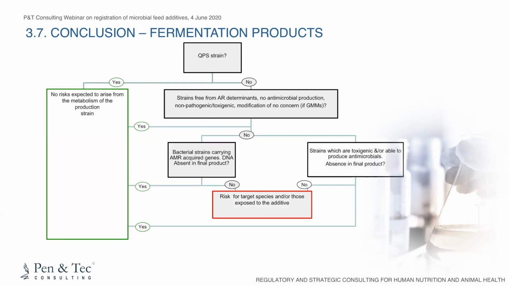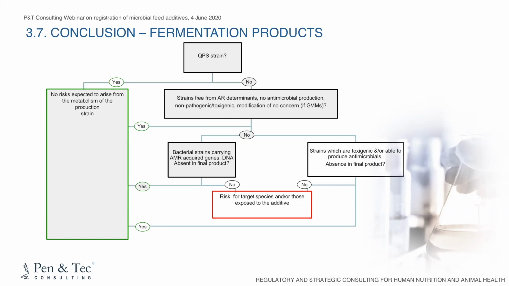Finally, bacteria carrying acquired antimicrobial resistance genes used as production strains would also be considered to represent a risk for target species and to those exposed to the additive, unless the absence of the DNA from the production strain can be shown in the final product.